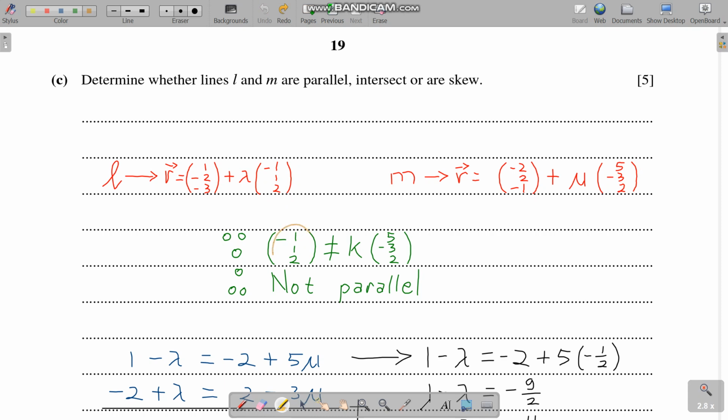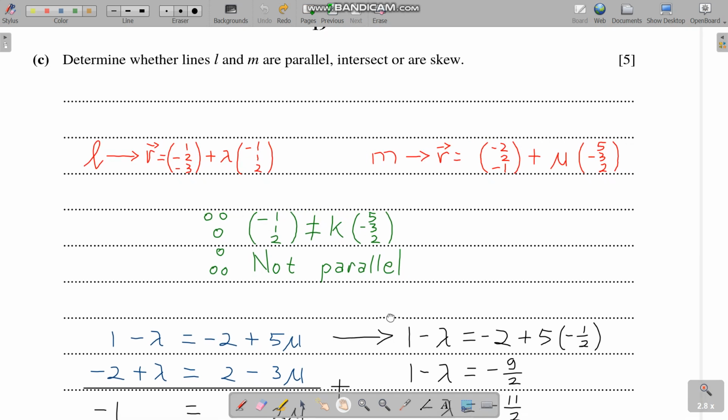So (-1, 1, 2) must be something times (5, -3, 2). Since this is impossible, because if we multiply by minus 5 we get this, but we're not going to get minus 3. So this vector is not a number times the other vector. We say it's not parallel for sure.